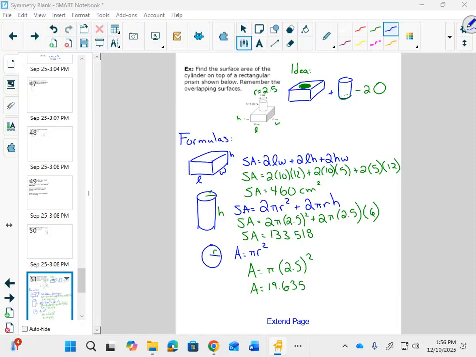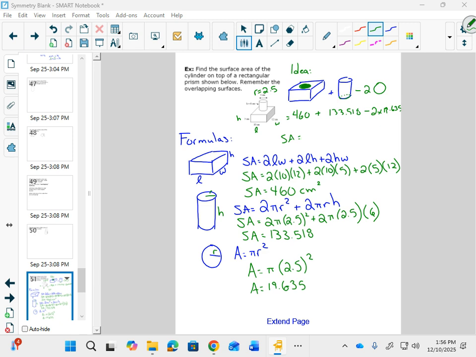So now, look at what we've done. We wrote on our formulas. We had the idea. Did we figure out the surface area of the big one? Yes, it's 460 plus. Did we figure out the second one? Yes, 133.518. Then we have to subtract 2 circles, so I go 2 times 19.635.